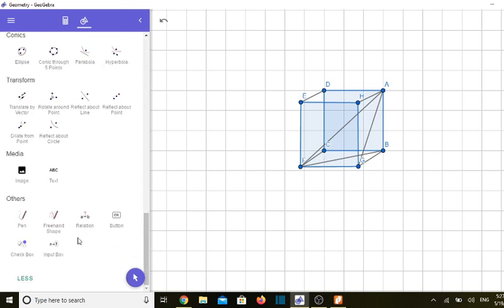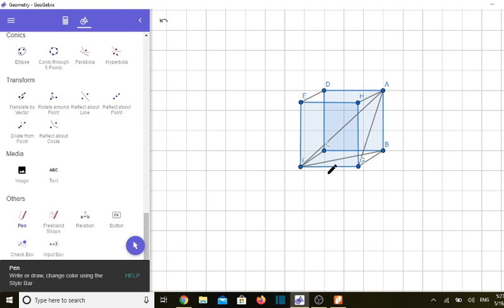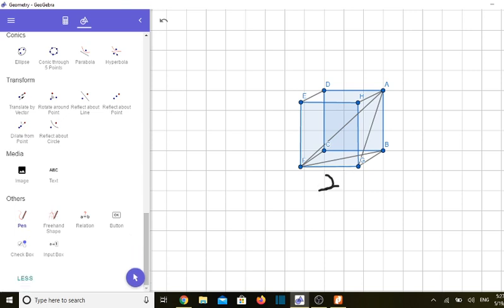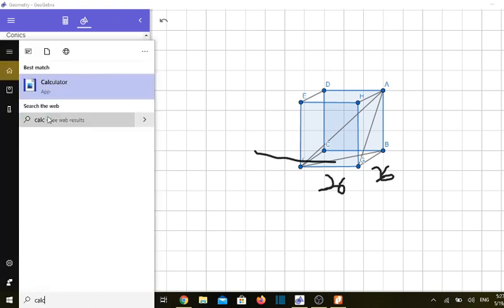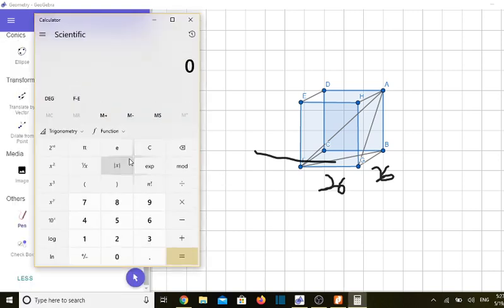So what we can say that this is 26, this is 26, and we need to find the value of this. So we can just use a calculator. So it's 26 squared plus 26 squared equal this, and now we need to take the square root of this.